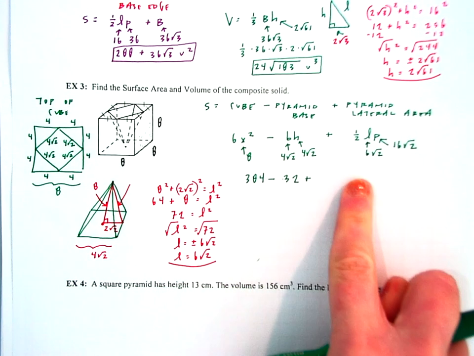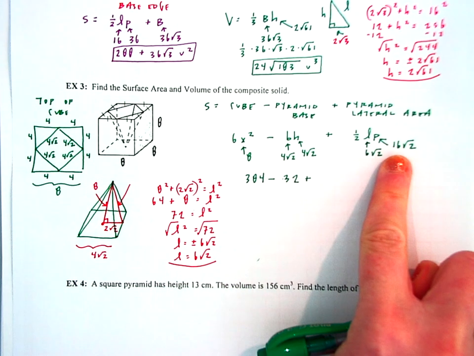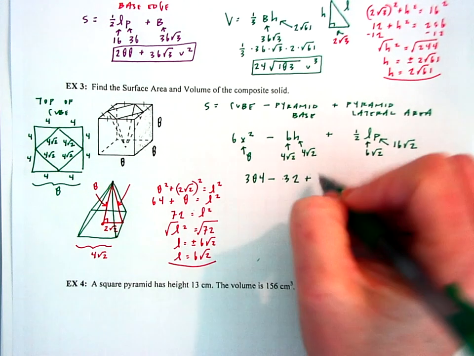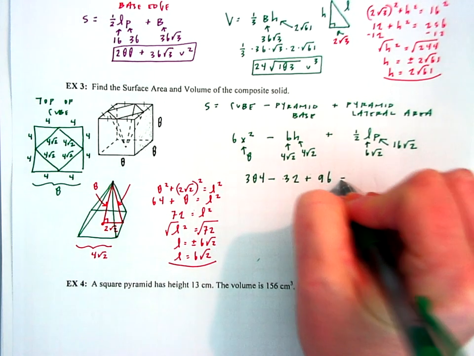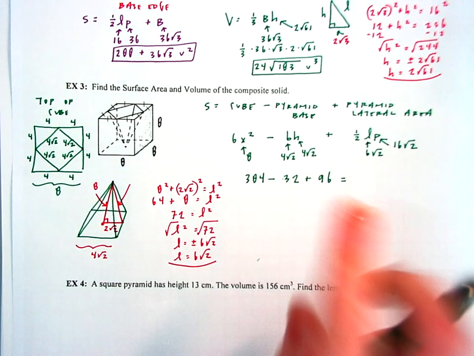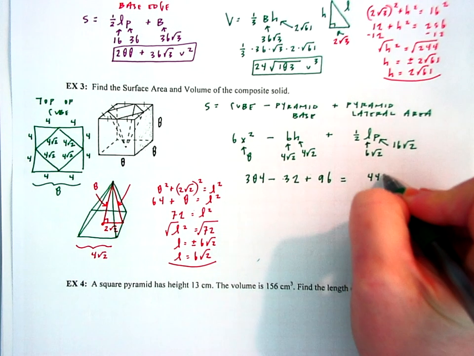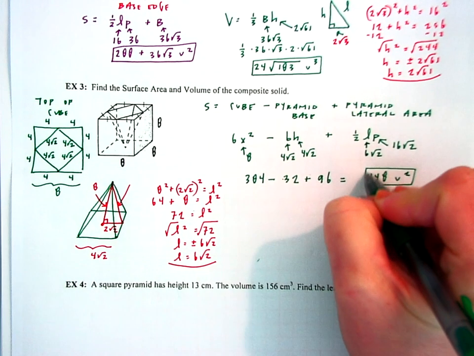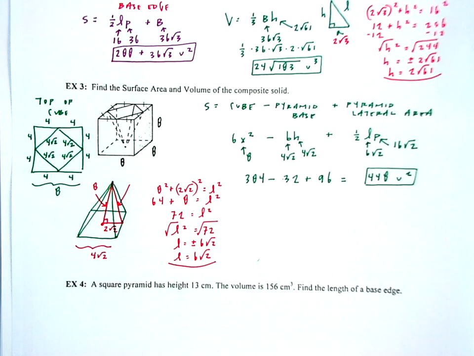Then 1/2 of 6√2 times 16√2, and then times 2, so I'm going to end up with 96. So if I take 384, subtract 32, add 96, I get 448 units squared. That would be all of my surfaces added up, every surface that's exposed, all added up together.